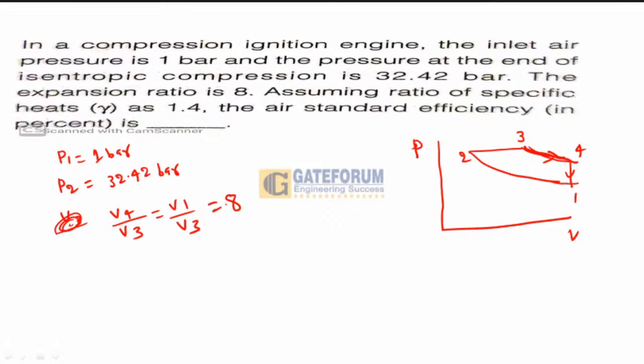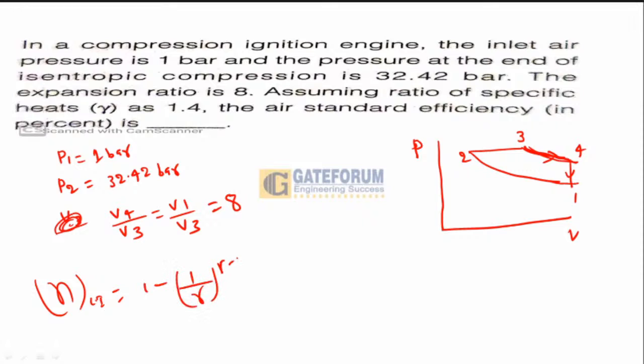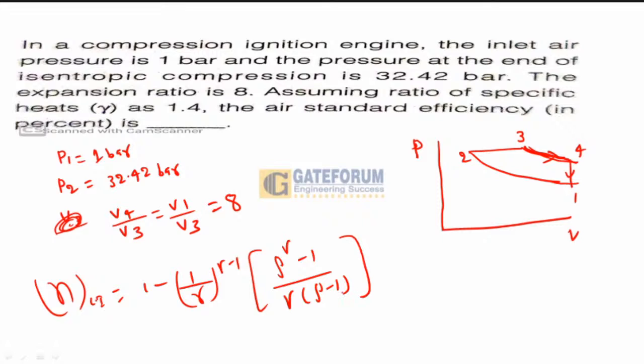What you have to calculate, my dear friends, is efficiency. The efficiency of the diesel cycle or CI engine, compression ignition, is 1 upon r to the power gamma minus 1, into inside bracket rho to the power gamma minus 1 upon gamma times rho minus 1. This is our equation to find the efficiency of a CI engine.